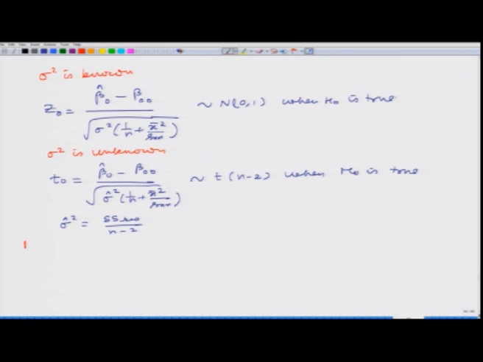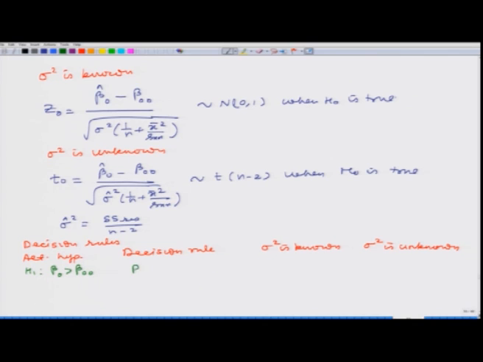Now, what about the decision rule? The decision rule remains the same. We will write it down briefly. Depending on my alternative hypothesis, I will write the decision rule under two cases: when sigma square is known and when sigma square is unknown. First, suppose the alternative hypothesis is H1: beta 0 greater than beta 0 naught.